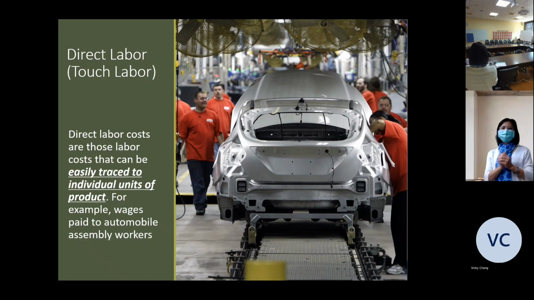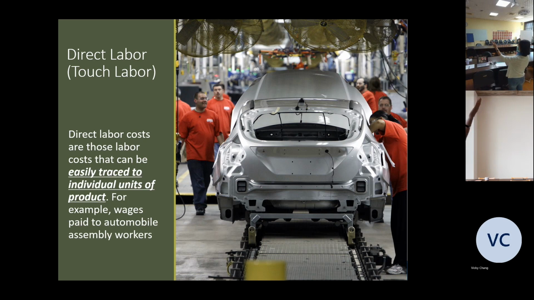Direct labor, sometimes we call it touch labor. Can you imagine why they use the word touch? It's easy to remember. Direct labor is touch labor. It's the labor who touch the product directly and can be easily traced.